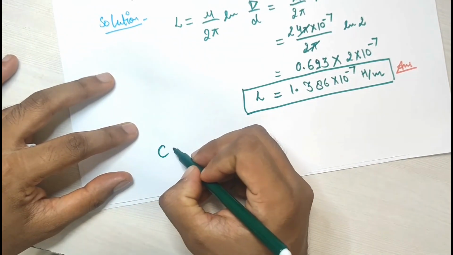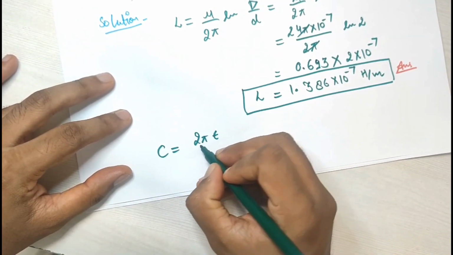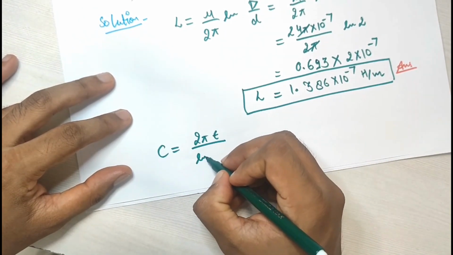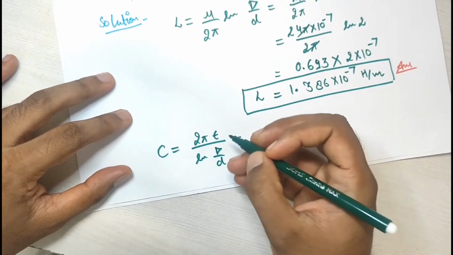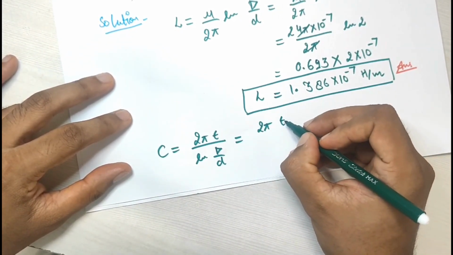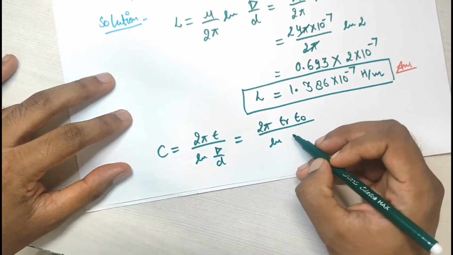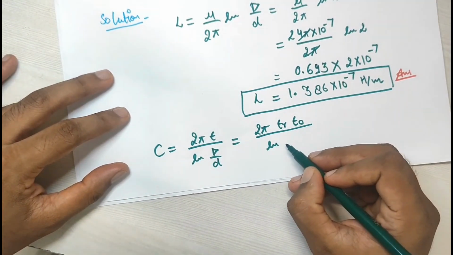For the calculation of capacitance, what is the formula? We know that C is 2 pi epsilon upon ln D by d. Epsilon can be written as epsilon r epsilon naught upon ln D by d, and D by d is 2, right?